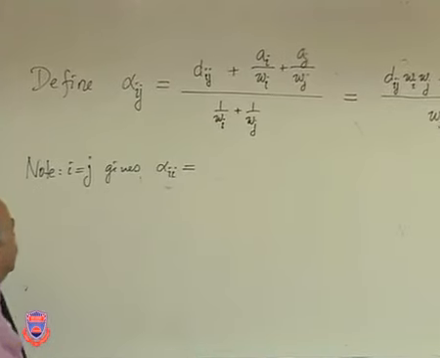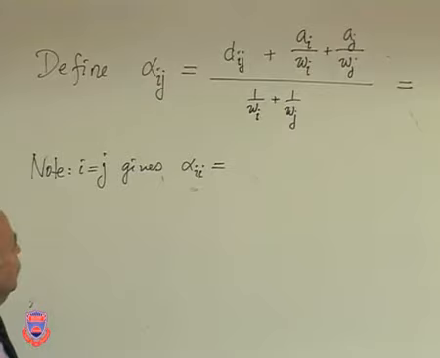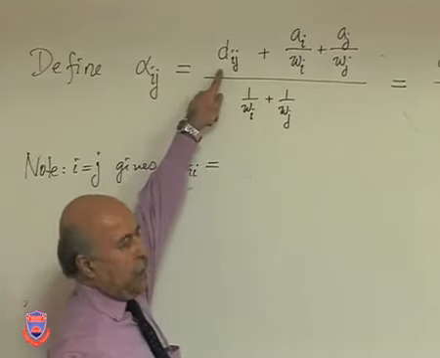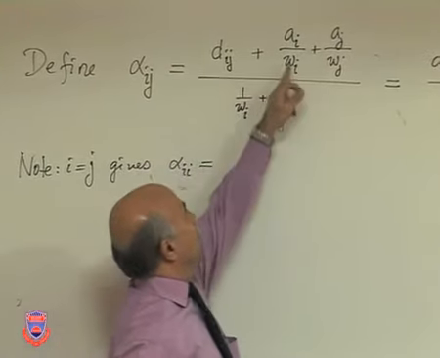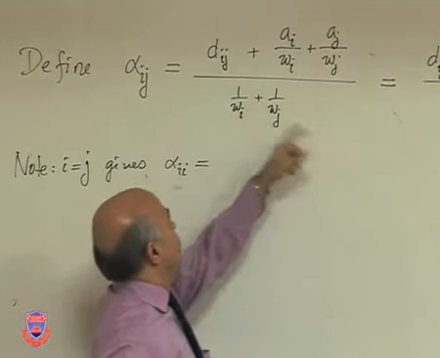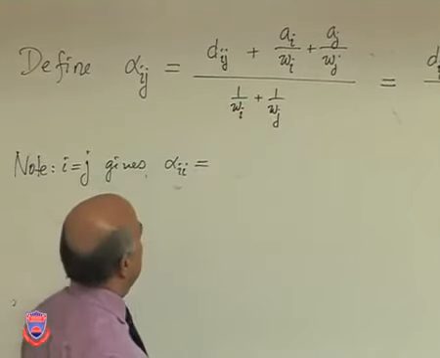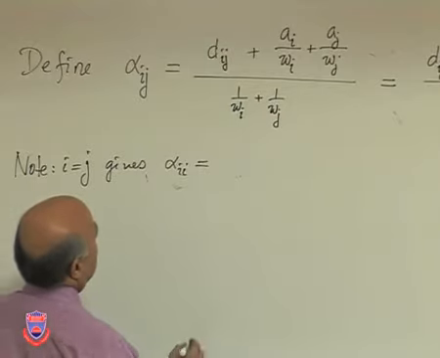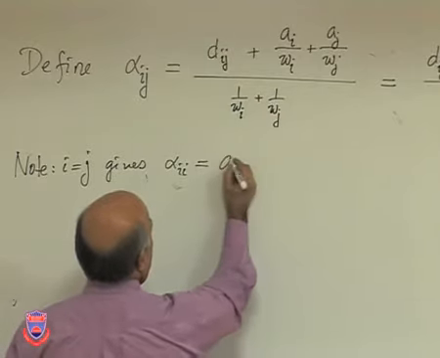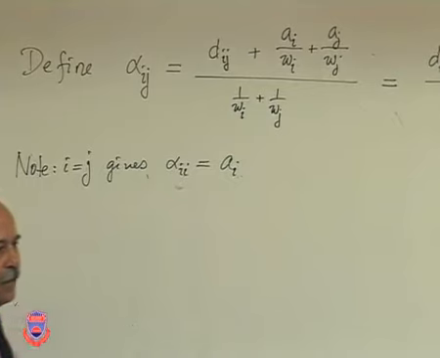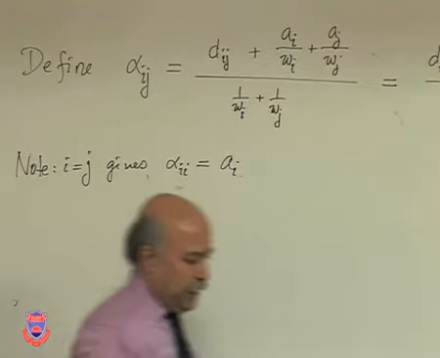When i equals j, what does that give you? The distance becomes 0. You have ai over wi twice, and then you have 1 over wi twice, which means what do you get? ai. You just get ai.